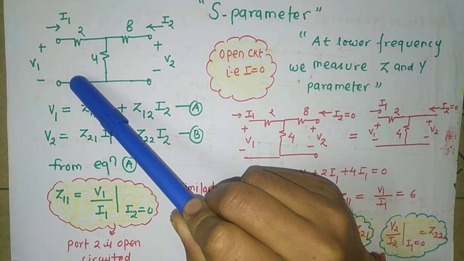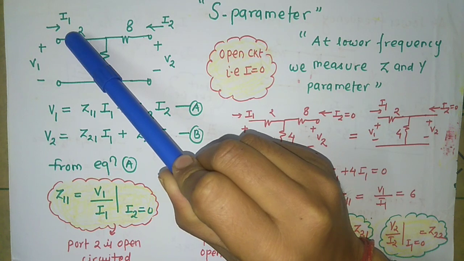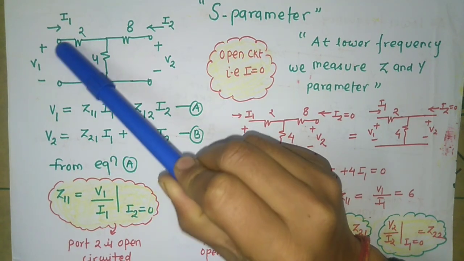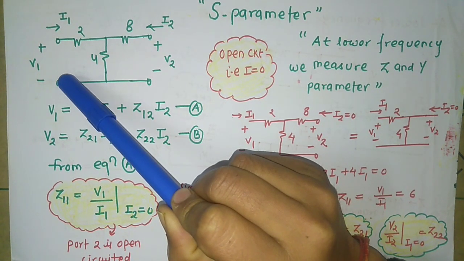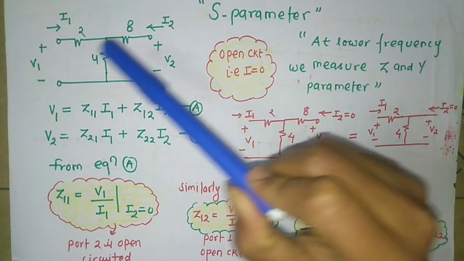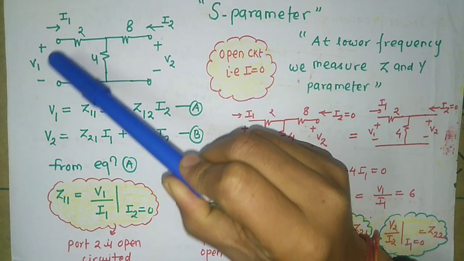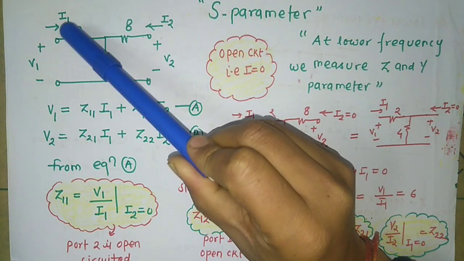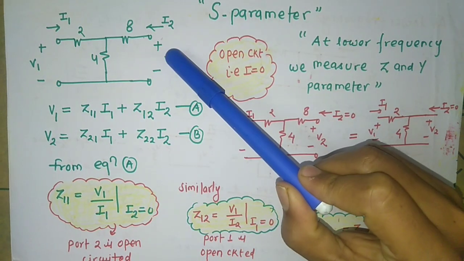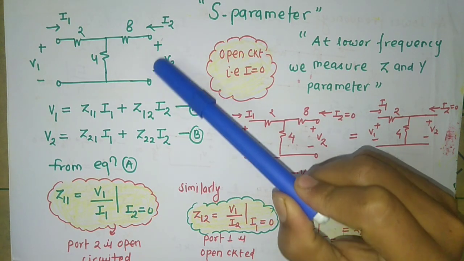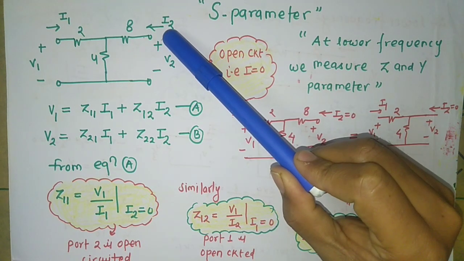This is one terminal, this is one terminal. A combination of terminals is known as a port. This is one port, this is another port. In port number 1, there is voltage V1 and current I1. In port number 2, there is voltage V2 and current I2.